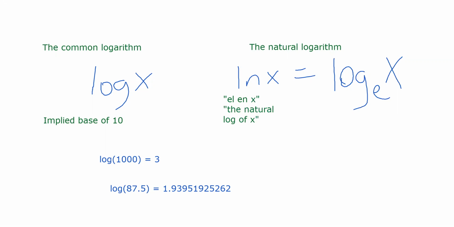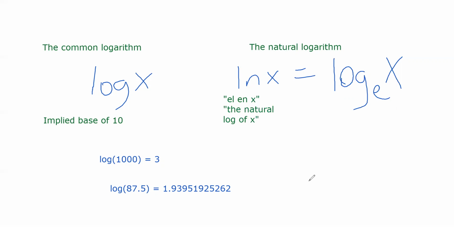On your TI-84 calculator, you should see the ln button just below the log button, which is quite apt. So the logarithm buttons are right next to each other. Now you might wonder, why would we ever care about e?